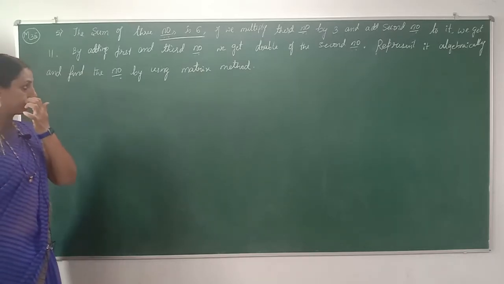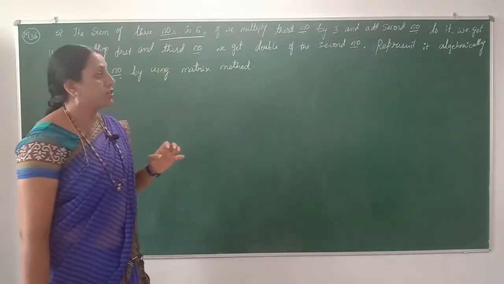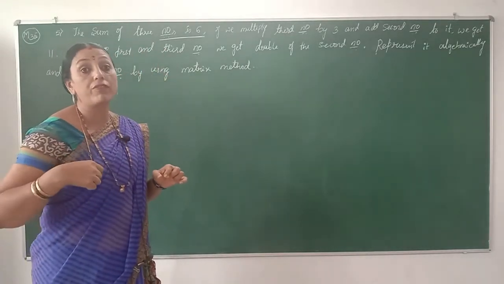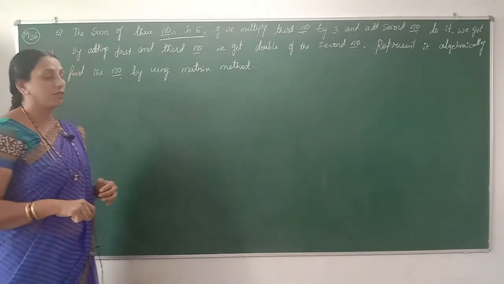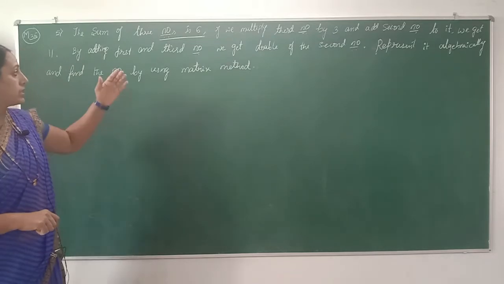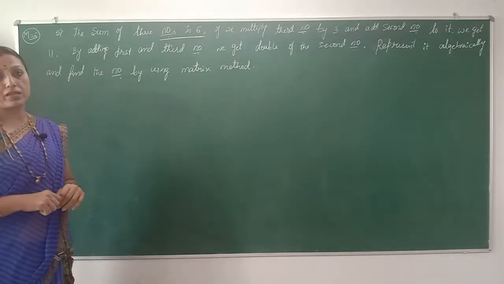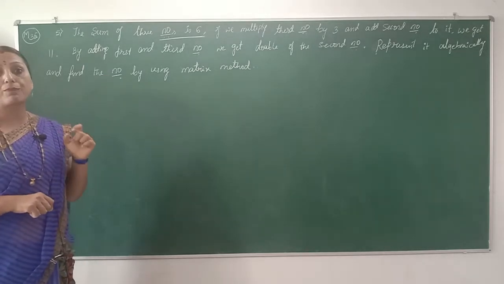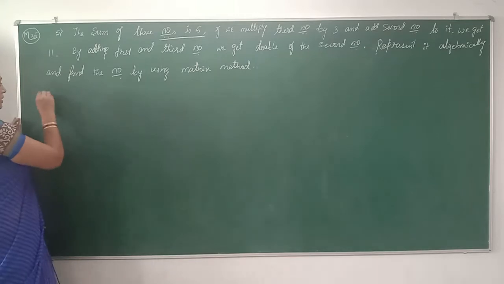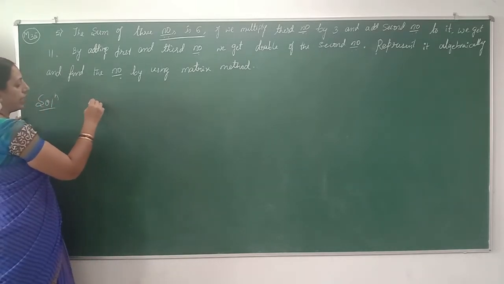We already know that for the matrix method, the given equations are always represented in linear form: ax plus by plus cz is equal to some constant d. But in this case, the equations are given in the form of statements. Therefore, first we have to convert the given statements into algebraic form. So first we consider the variables x, y and z.